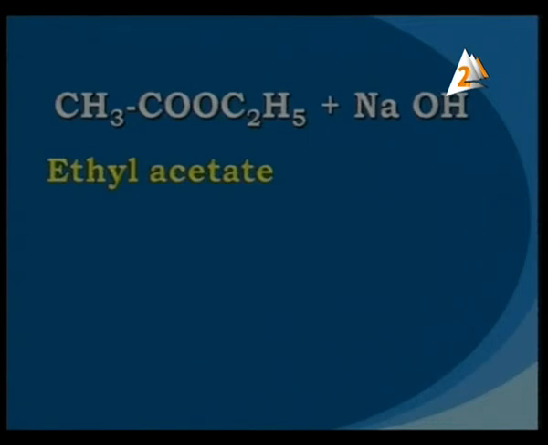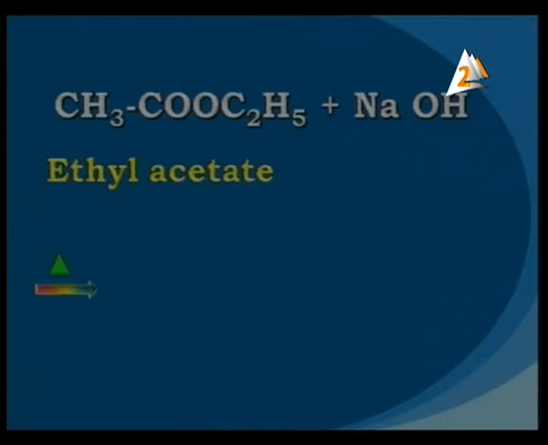You have the equation: CH3COOC2H5, ethyl acetate, plus NaOH, caustic soda or sodium hydroxide.